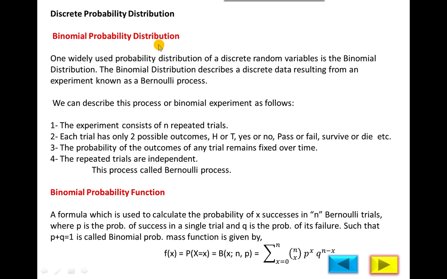But when we use the binomial probability distribution, this is the important thing. There are different probability distributions like binomial distribution, Poisson distribution, normal probability distribution, hypergeometric, geometric, used according to the characteristic of the variable or according to the outcome of the variable. Variable may be discrete or continuous. First we will study binomial probability distribution, then Poisson probability distribution.